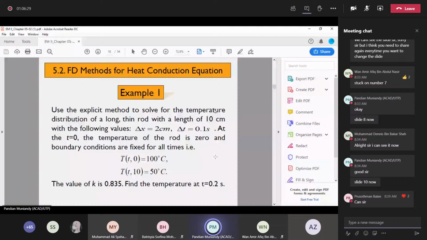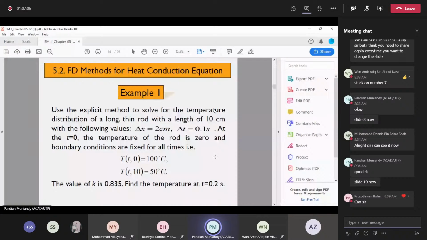The temperature at x0 is given, at x10 is given, but x2, 4, 6, 8 are not given. Now you are going to find that. That is the objective of this question. Clear, class? The temperature at x0 is 100 degrees Celsius, given. And the temperature at x equals 10 is 50 degrees Celsius, given.